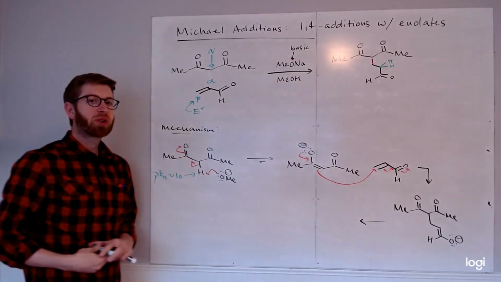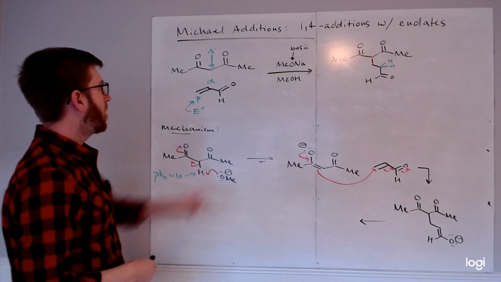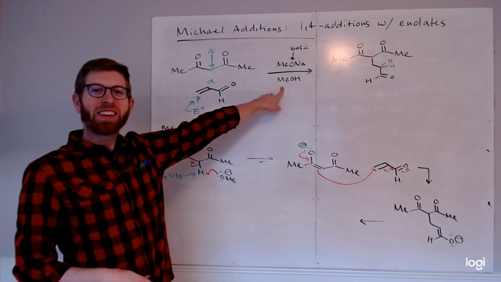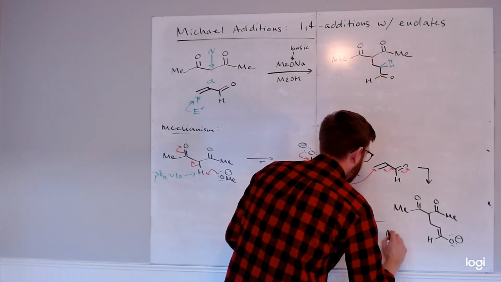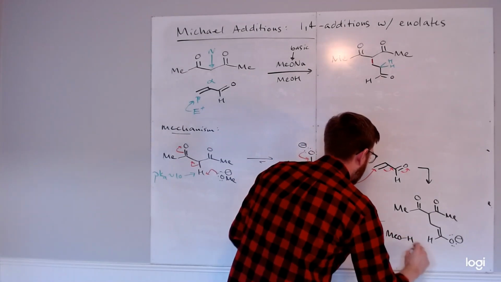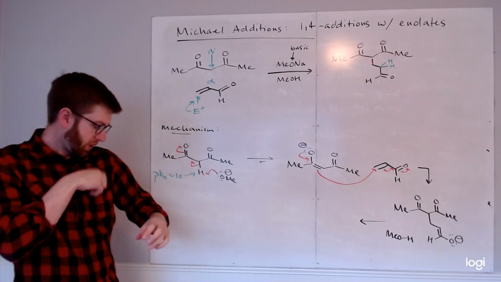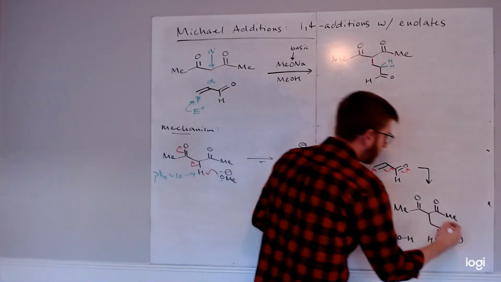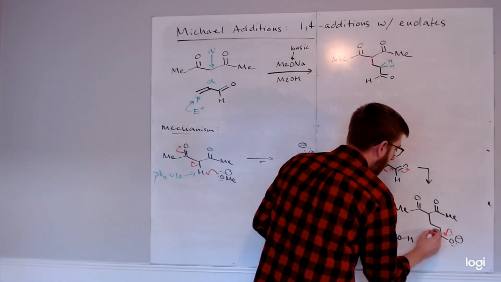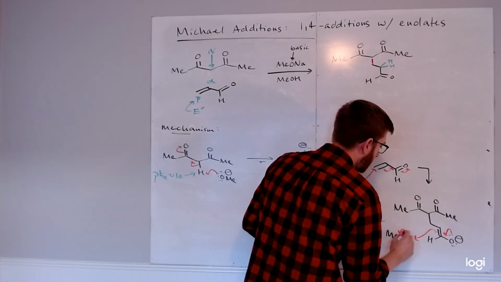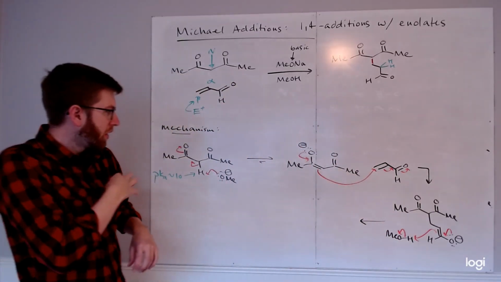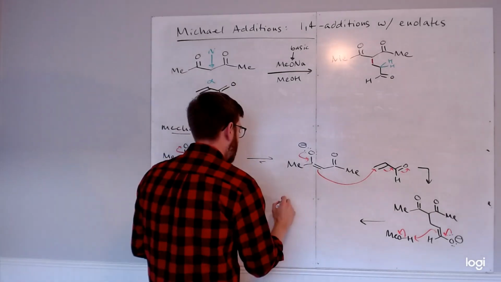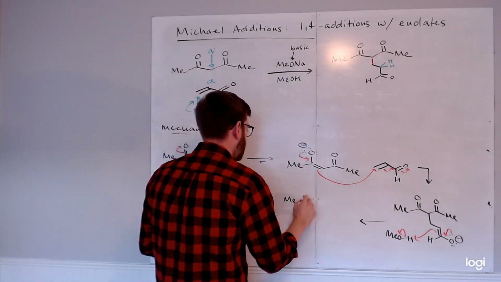So I'm looking for a source of protons, which, oh hey, perfect solvent, nice. So we can use the methanol, which was a solvent here, to also protonate the enolate that we made as a consequence of our 1,4 addition.